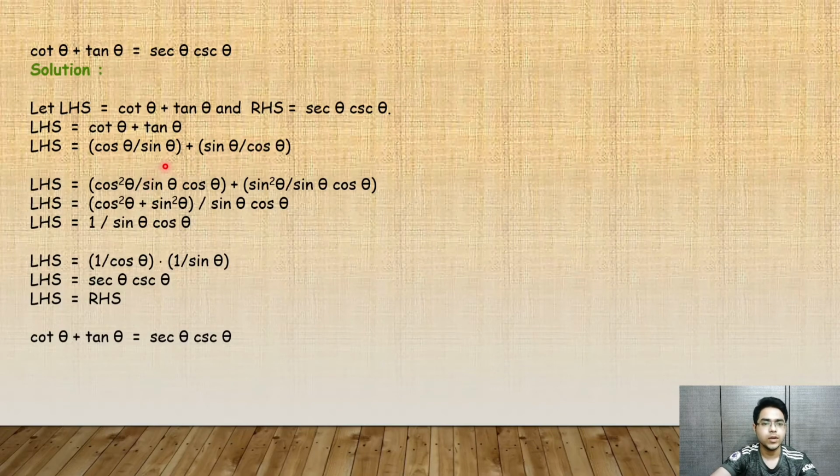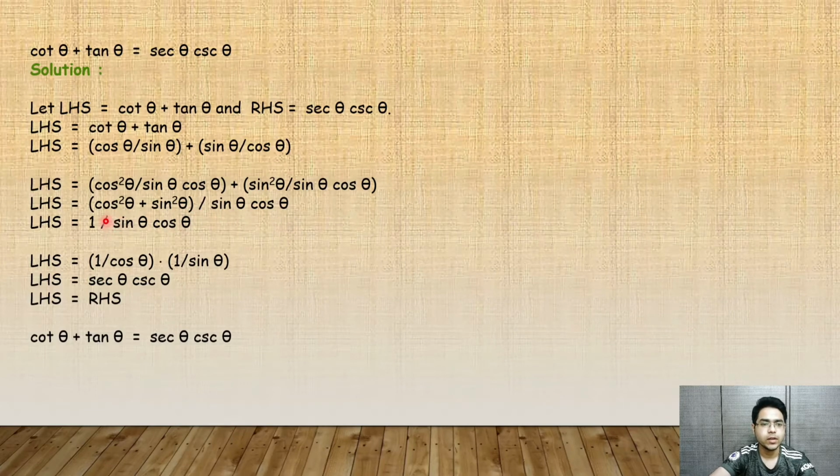So by simply cross multiplying, we will be getting cos square theta divided by sine theta into cos theta plus sine square theta divided by sine theta into cos theta. This term, sine theta into cos theta, is common, so we will be taking it out. So we will be getting cos square theta plus sine square theta in one bracket divided by sine theta into cos theta.